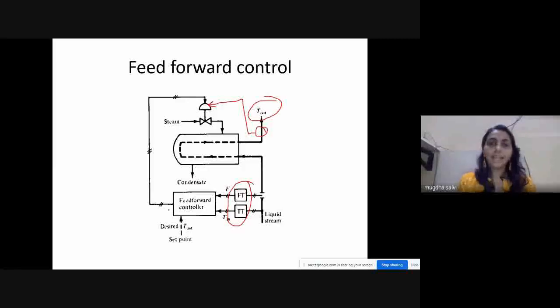And I will compare this T out value with the desired set point. If there is an error, accordingly the steam valve will change. The benefit we have with feed forward is that before the effects of the flow and temperature of the inlet stream affect T out, I take an action and make those changes a priori into the system.